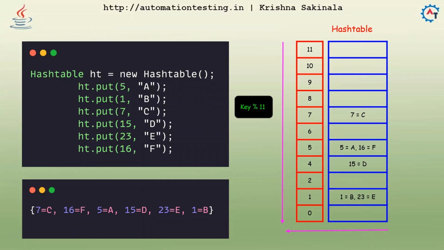Here I have a Hashtable, created with new Hashtable(), the basic constructor. The default capacity is 11 with 0.75 fill ratio. Then ht.put(5, A), (1, B), (7, C), (15, D), (23, E), (16, F).